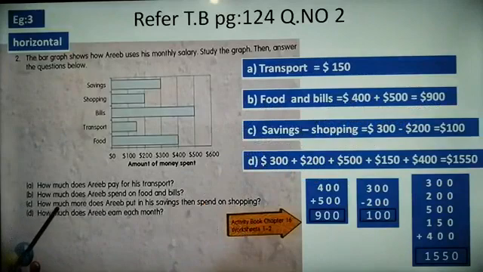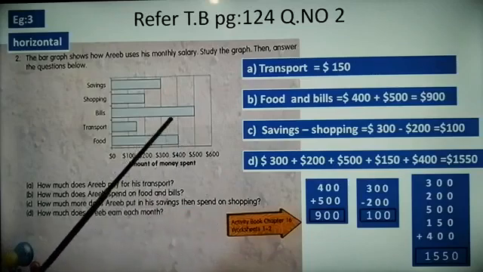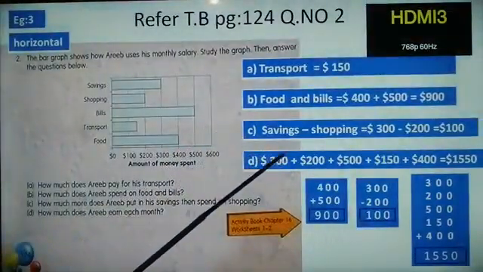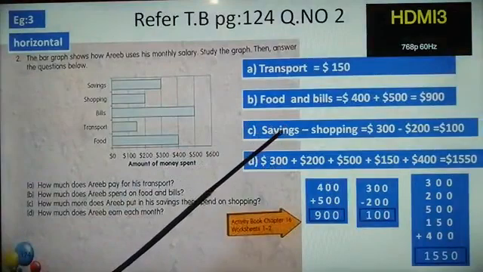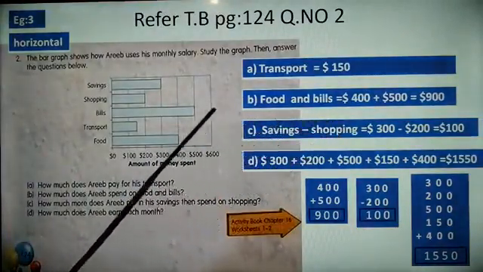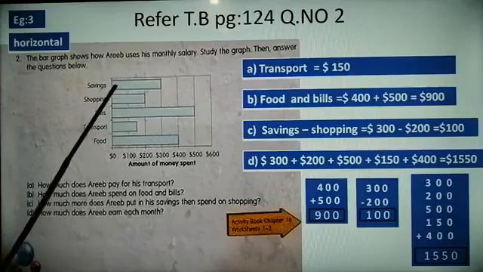Number C, how much more does Arif put in his savings than spend on shopping? So there is a comparison between savings and shopping. Comparison means you have to subtract how much he spent from the savings.